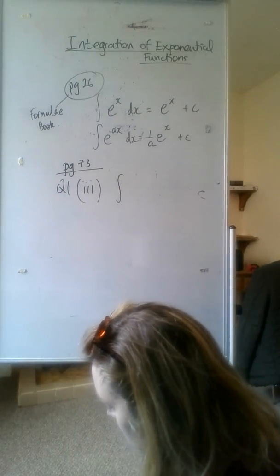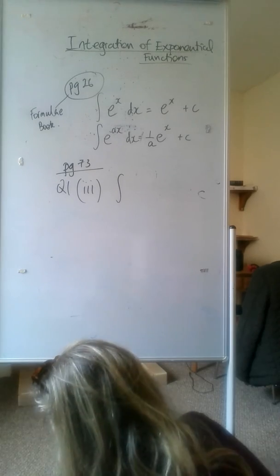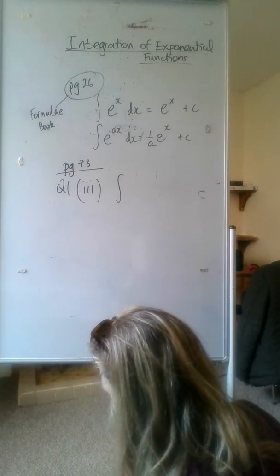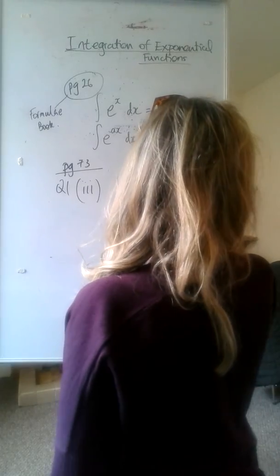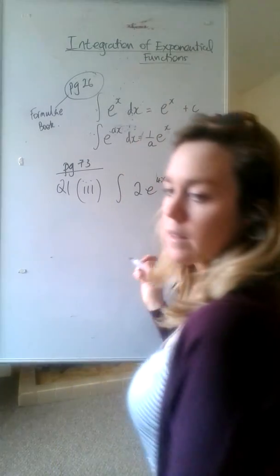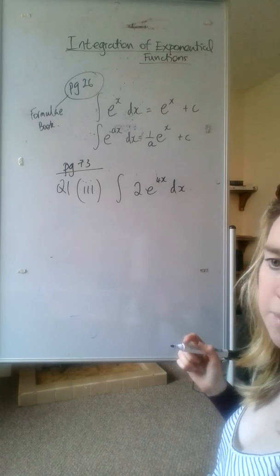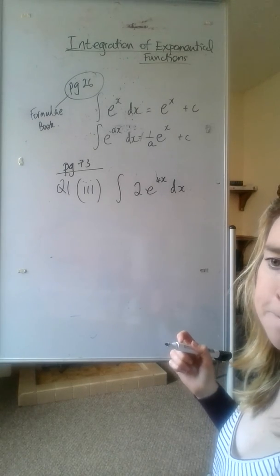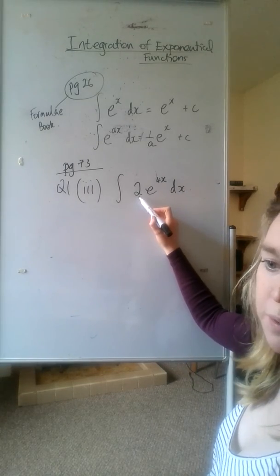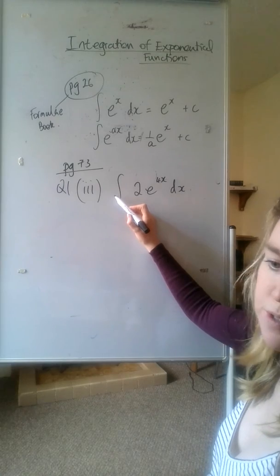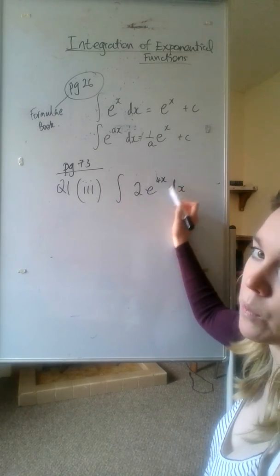Okay, this question asks you to integrate 2 e to the power of 4x dx. First thing to note here, see this 2, you don't have to do anything with this. In fact, you can even bring it out in front of the integral if you want. Nothing's going to change to that. It's this bit we're interested in.